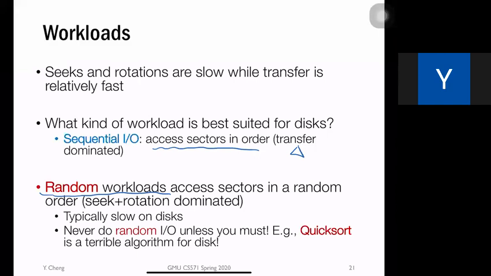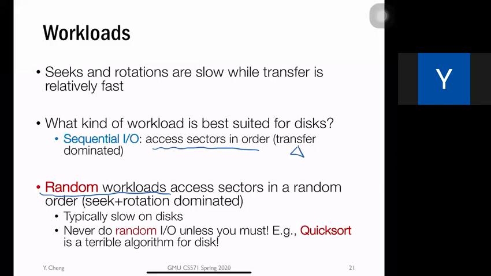It needs to be spinning all the time, back and forth, and the disk arm and the disk head need to be moving back and forth, seeking back and forth, because it is dominated by these random IOs, and all the small IOs are randomly spread across a huge range in terms of cylinders and tracks. Okay, so this is typically slow on disks.